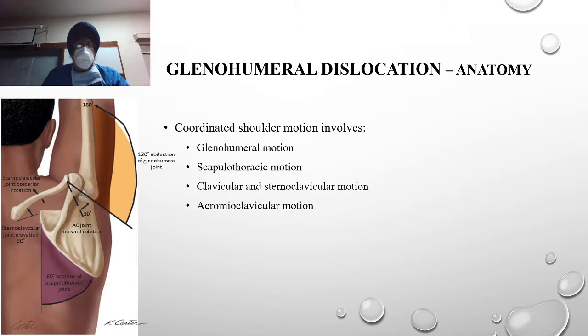Then coordinated shoulder motions involve glenohumeral motion, scapulothoracic motion, sternoclavicular motion and acromioclavicular motion. So this picture is showing all the motions. This is glenohumeral, this is the scapulothoracic, and this is the claviculosternal, this is the acromial.